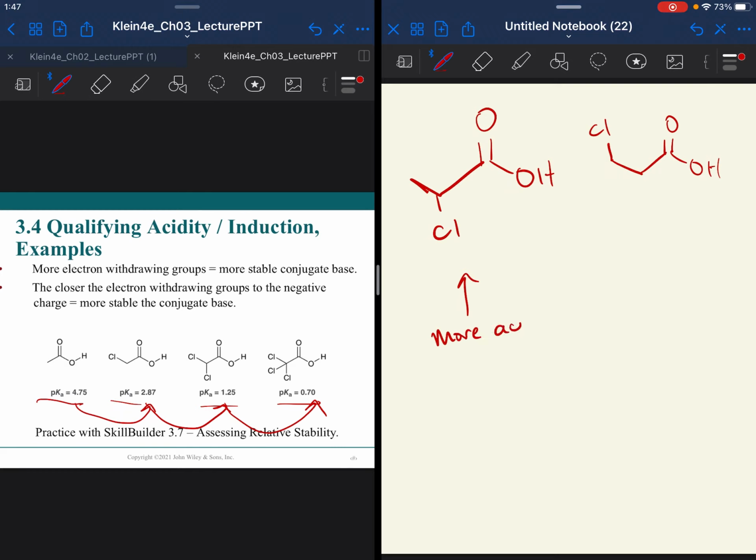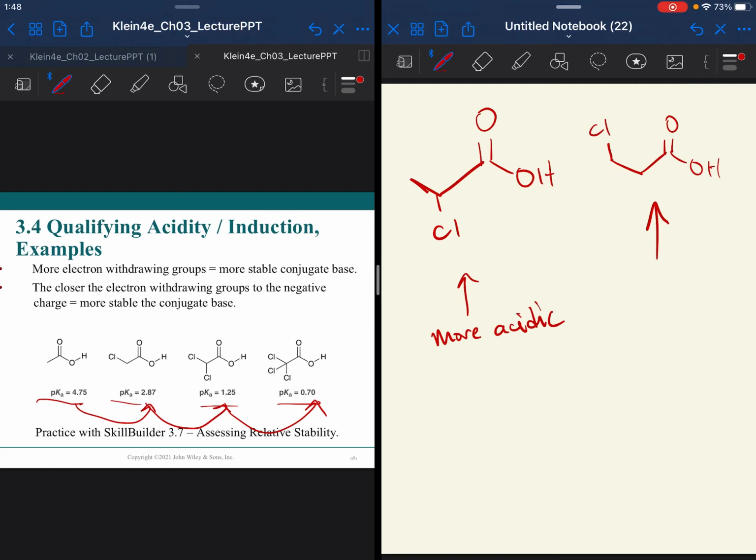So this one would be more acidic because that chlorine would help stabilize the base a little bit more than this one here. All right, so the number of electronegative elements and the proximity to the charge. Right, so the closer they are to the proton that is being removed.